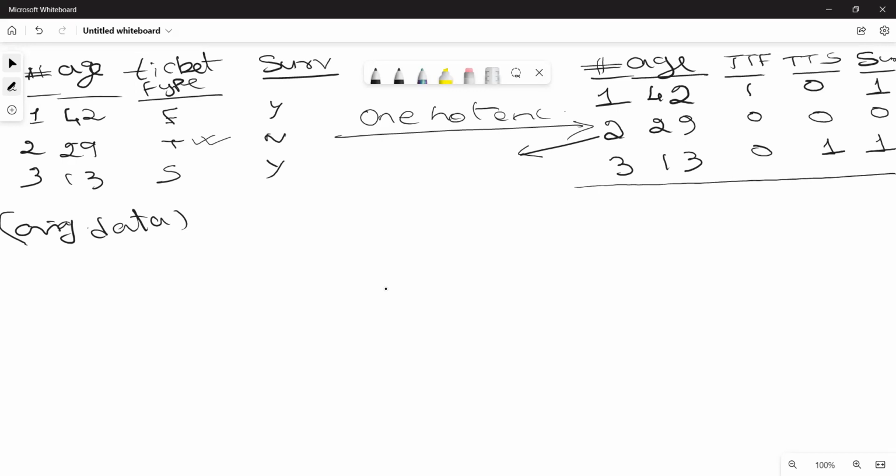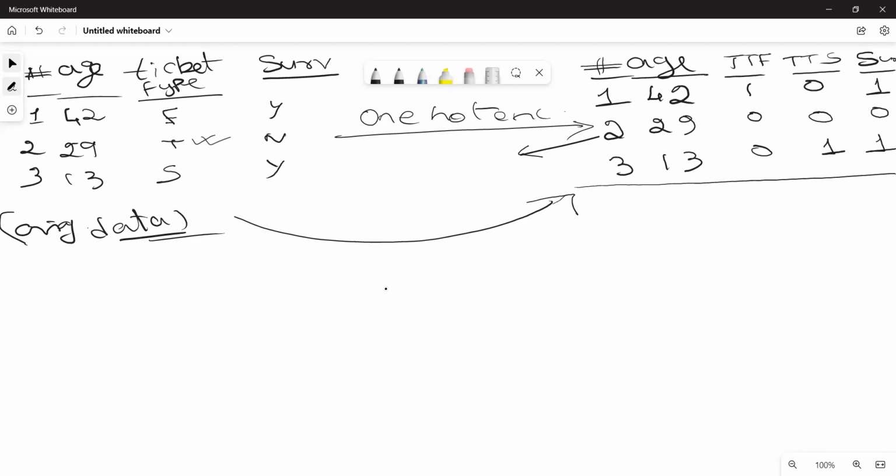I'll tell you what is the importance of the third class, the reference class. But have you understood this one-hot encoding technique? What happens when you convert the data into one-hot encoding? This is the original data, and this is what happens after the conversion. So you get the data set in this form.